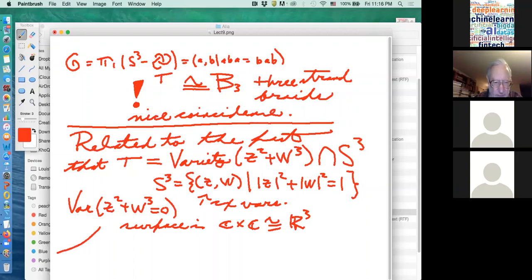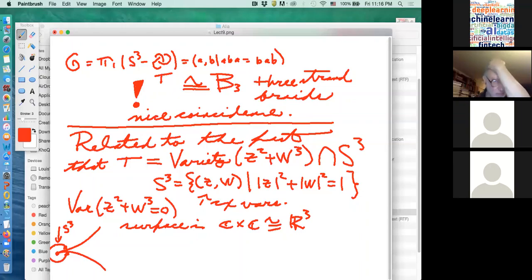So you have, in schema, a variety with a singular point at the origin, and you have a little sphere here near the origin, the three-sphere, and you intersect the surface with the three-sphere, and you get the trefoil knot.